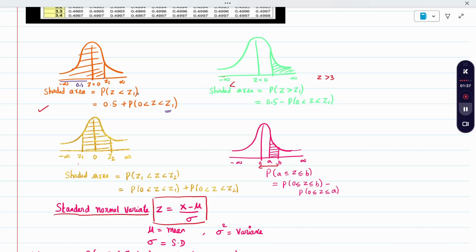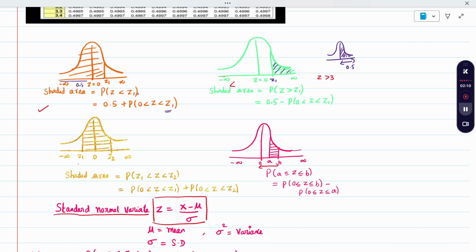Our second shaded region: Z greater than Z1. For example, Z greater than 3 or Z greater than 6, it may be 9, 10, any number. This is Z1, and this is our shaded region. When we calculate, we know that the half from 0 to infinity is 0.5.